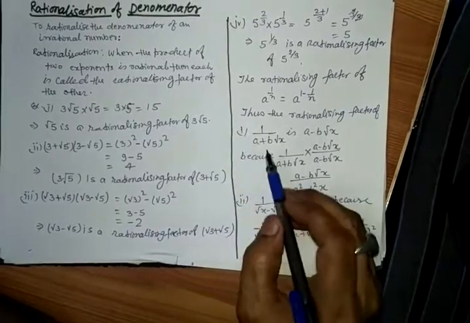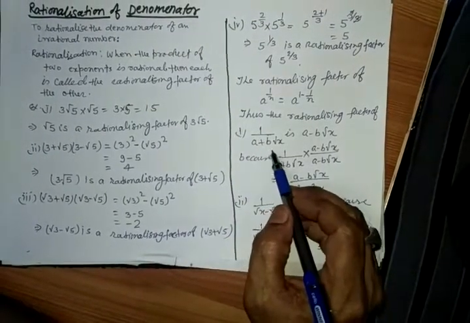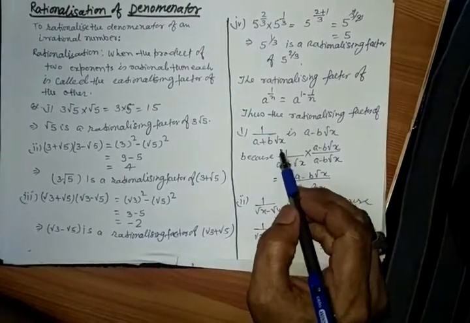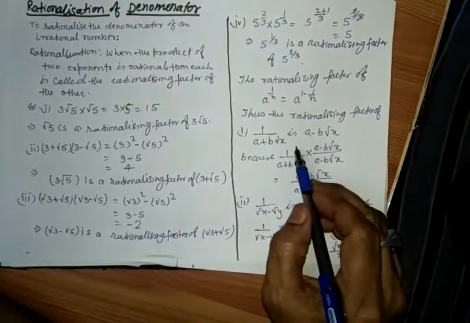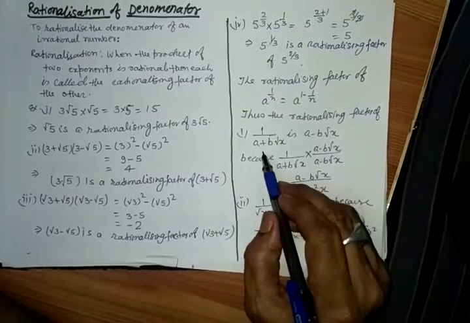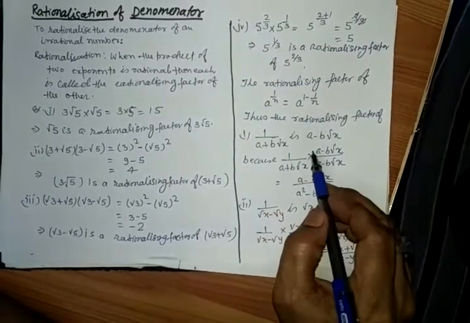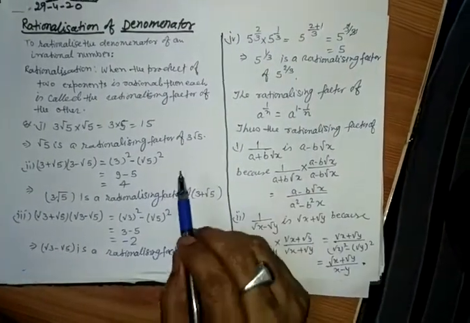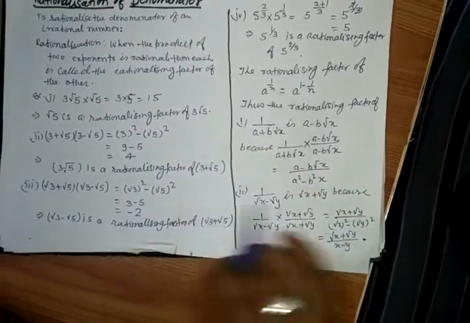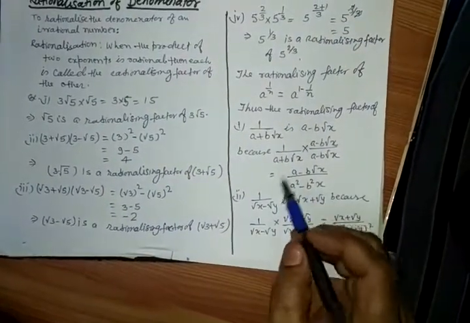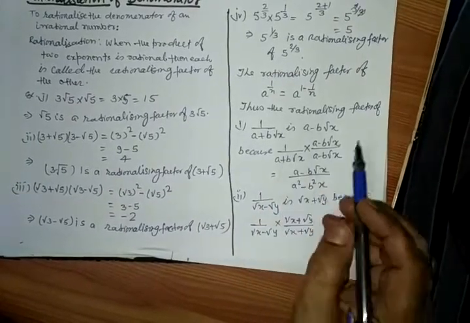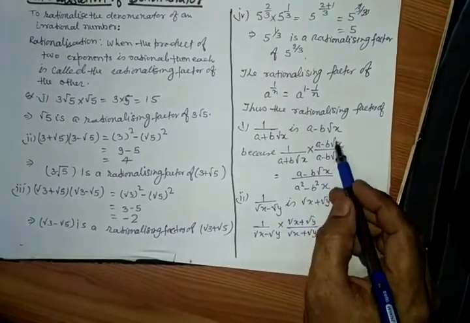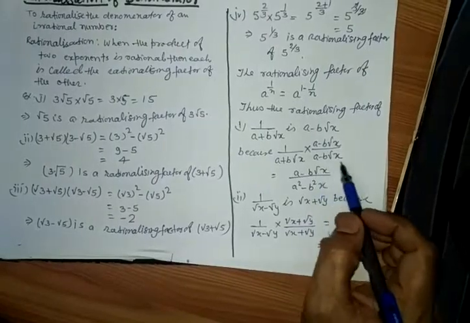The first example is 1 upon a plus b root x. This is in the form of a plus b, so its rationalizing factor is a minus b root x. Similarly, we have done it before. Here is 1 upon a plus b root x into a minus b root x upon a minus b root x.